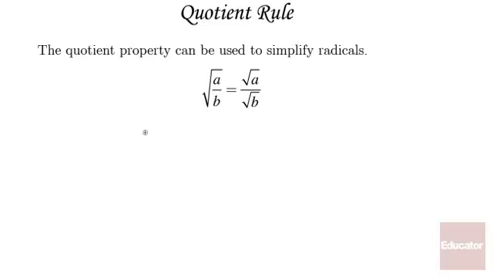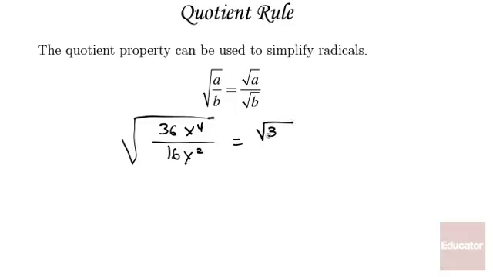Taking an example to illustrate this, if I have 36 x to the 4th divided by 16y squared, and this whole thing is under a radical, I can use the quotient property to rewrite this as the square root of 36 x to the 4th divided by the square root of 16y squared. Now that I have this, I can see a way to go ahead and simplify.